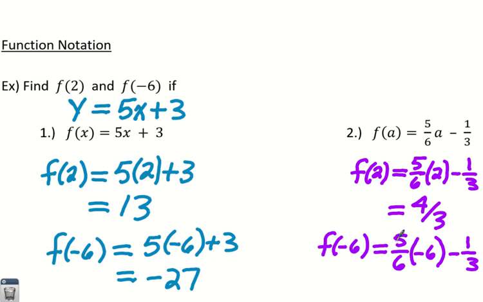You have negative 5 minus 1/3, which you can do in your calculator, but negative 5 over 1 becomes negative 15/3 minus 1/3. Now we have common denominators, so this should be negative 16/3. Final answer.